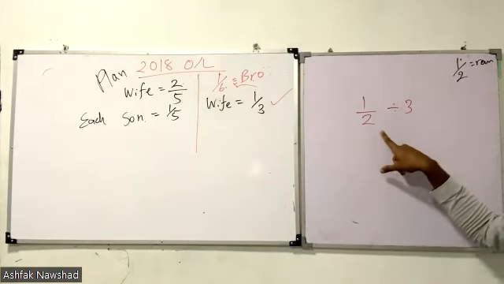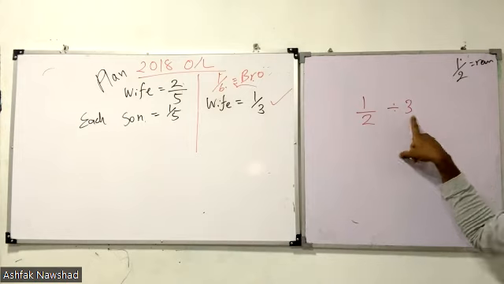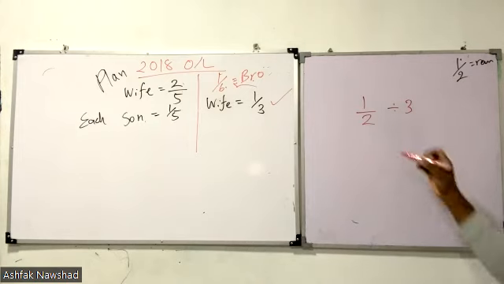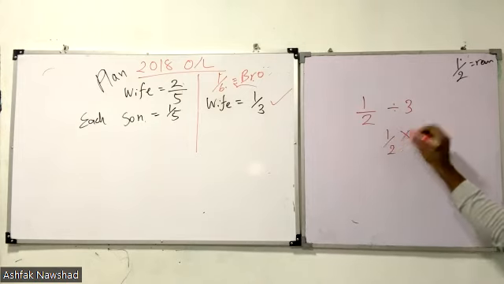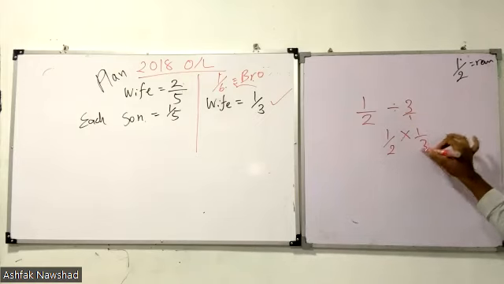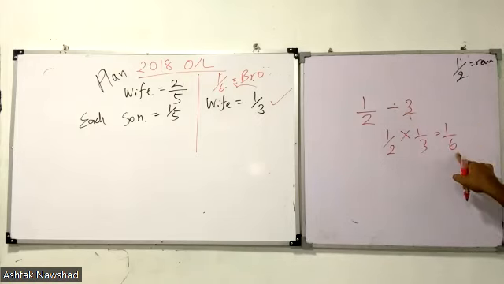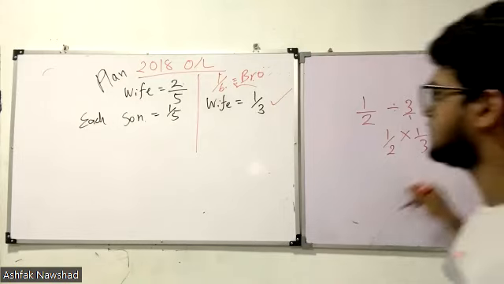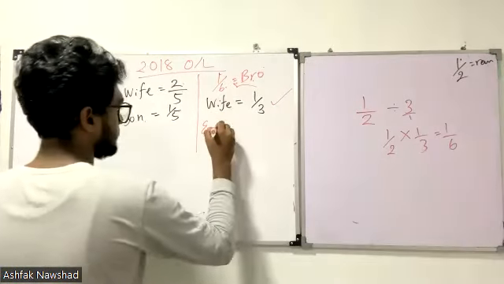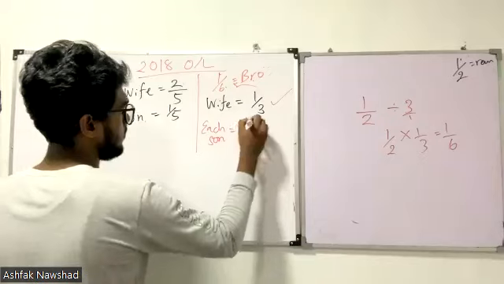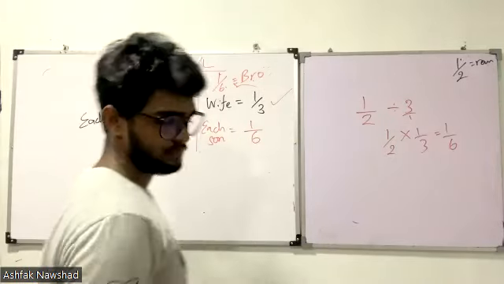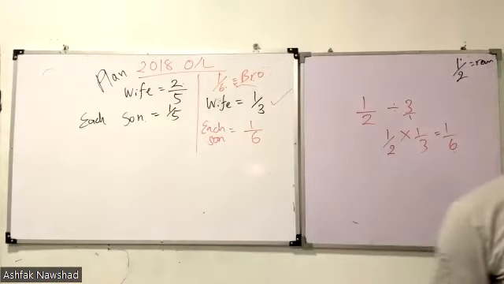Like there's half of the land and he had 3 sons. So we divided this by 3. The answer will be each son now receives 1 out of 6. Is this clear?